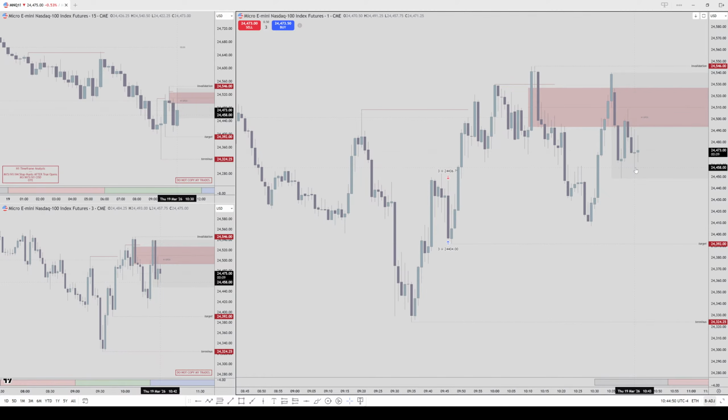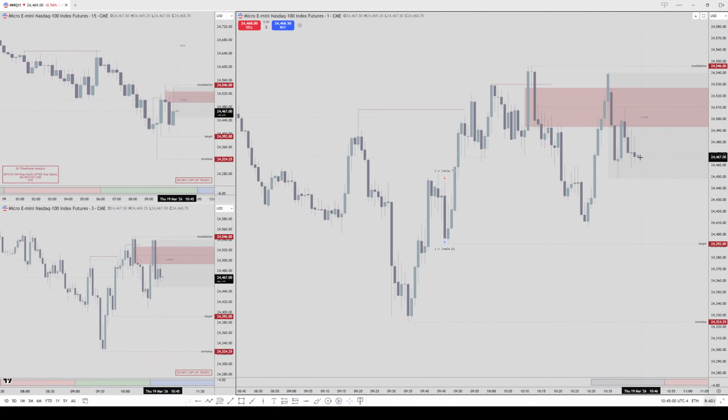I'm looking to see if this is going to be a swing low. If it forms a swing low, we have a trend line, and I would like to see it trade higher first to take out this high, and these lows right here would be a very good target.